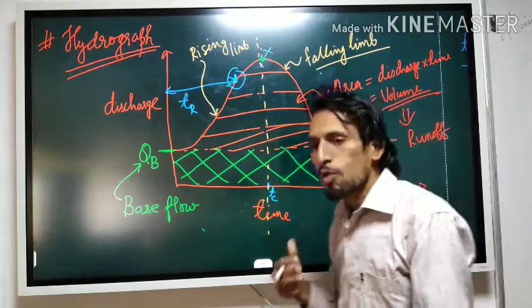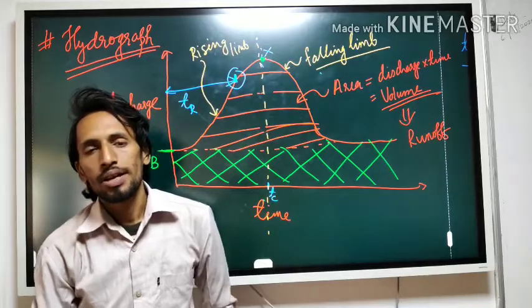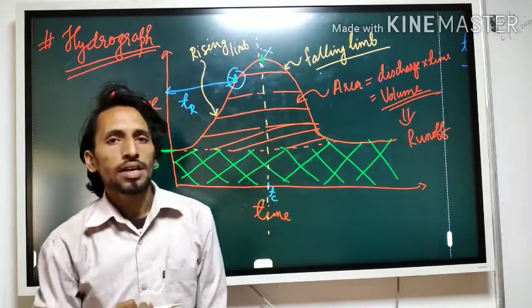So on what properties does this rising limb depend? What will be the nature of the curve?